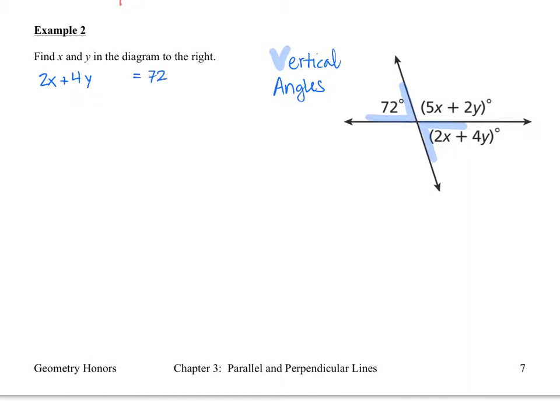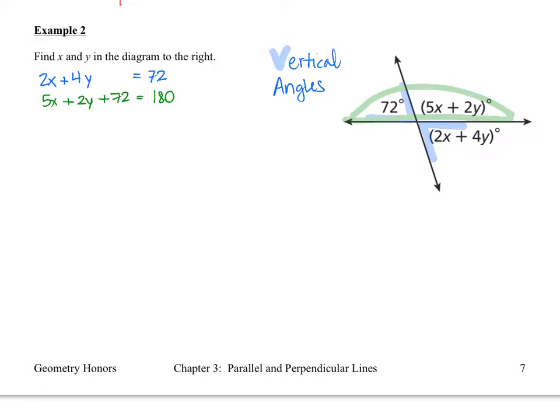And the linear pair, if we set it up with these two angles, then the linear pair allows us to set up the second equation, which is 5x plus 2y plus 72 equals 180 degrees, because remember linear pairs are always supplementary.